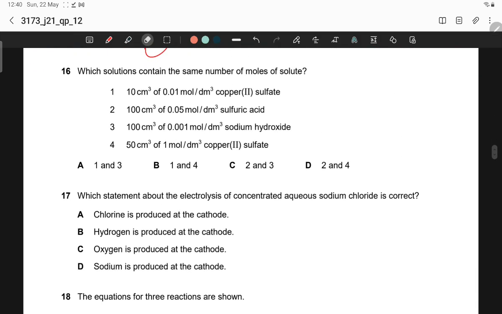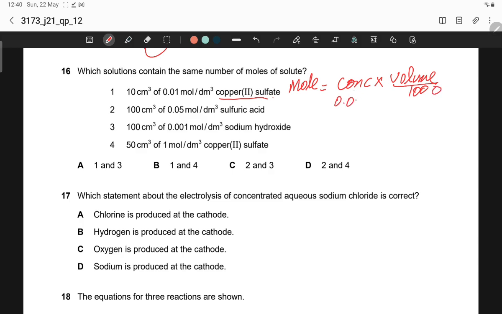Question number 16. Which solution contains the same number of moles of solute? 10 centimeter cube of 0.01 mole per dm cube copper 2 sulfate. Number of moles of solute: mole is equal to concentration into volume divided by 1000.